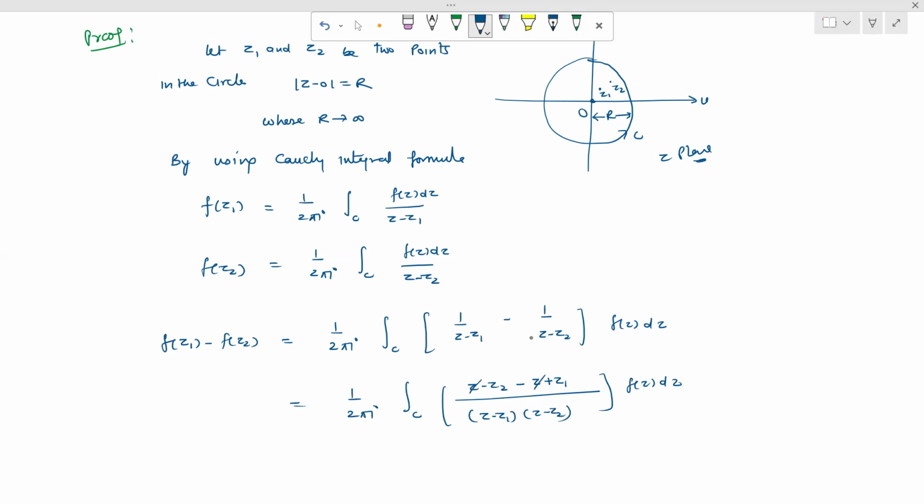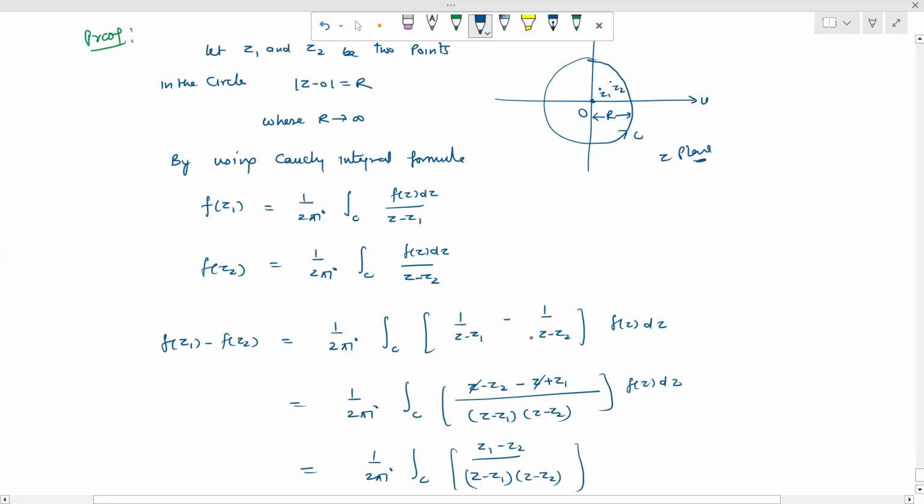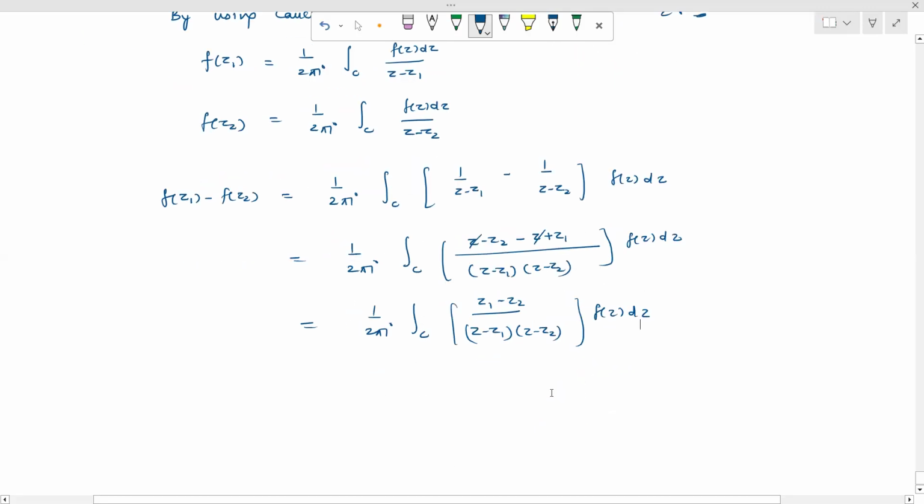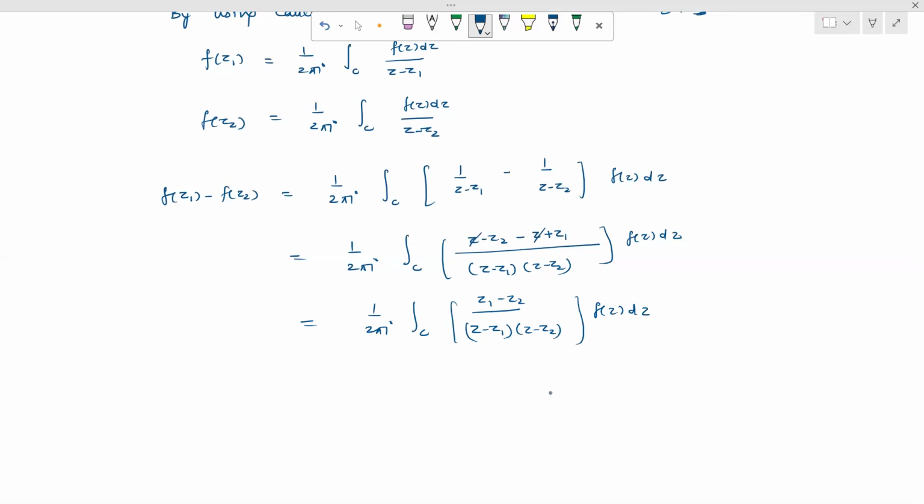So we write this as 1 upon 2 pi i integration along the curve C of (z1 minus z2) upon (z minus z1)(z minus z2), times f(z) dz. So this is equal to f of z1 minus f of z2.